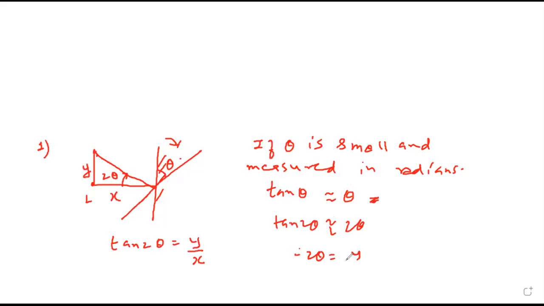So 2 theta is y by x. From this, you can get theta equal to y upon 2x. So theta is y upon 2x, option A. We have used the property that when the mirror is rotated by theta, the reflected ray turns by 2 theta.